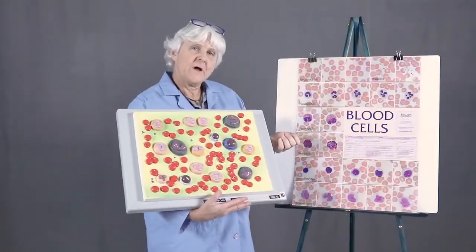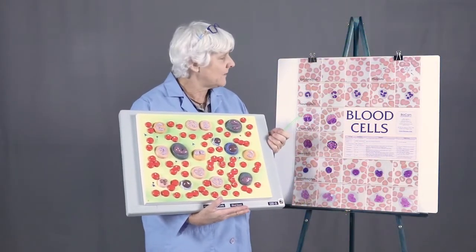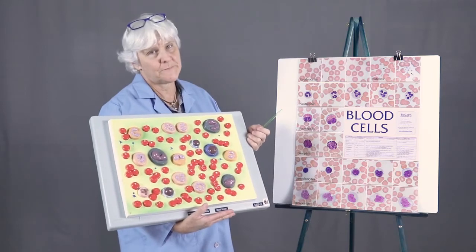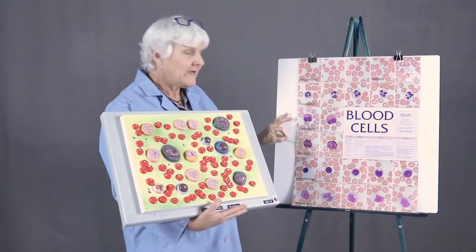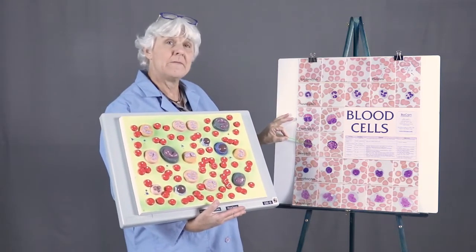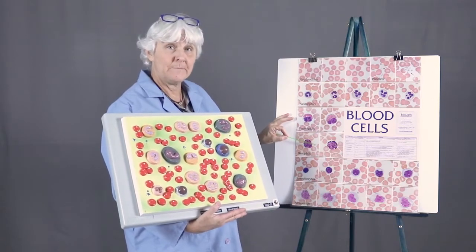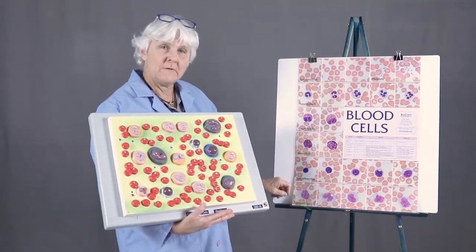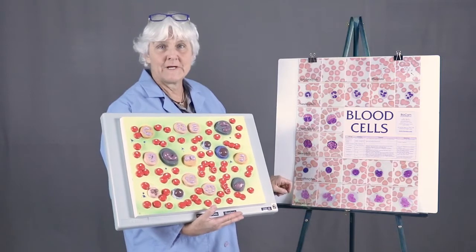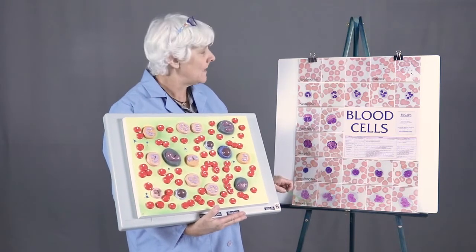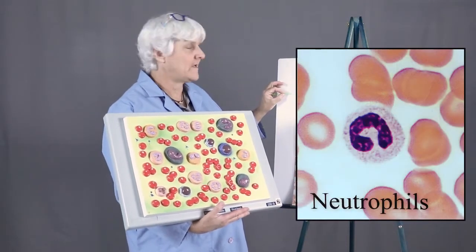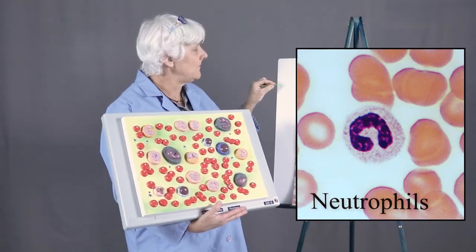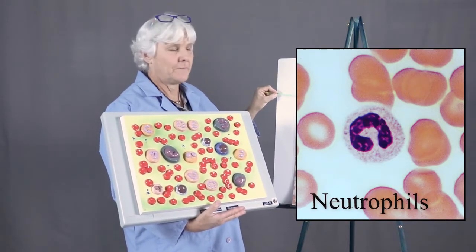There are 5 different kinds of white blood cells, and we classify them into 2 categories: granulocytes, meaning that there are granules in the cytoplasm, and agranulocytes, meaning that there are no granules in the cytoplasm. The most prevalent of the white blood cells is the granulocyte, the neutrophil.